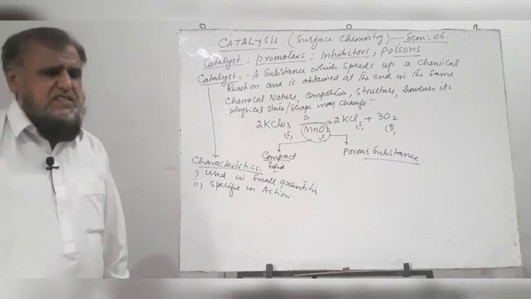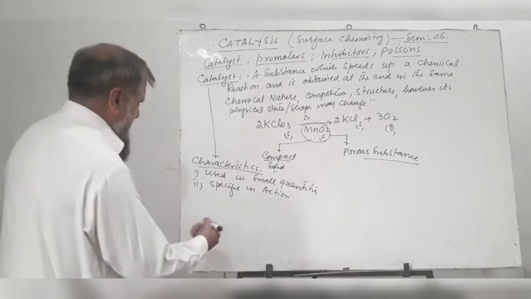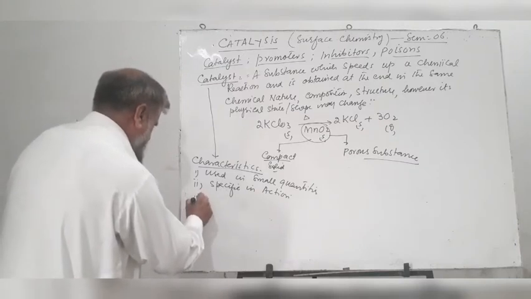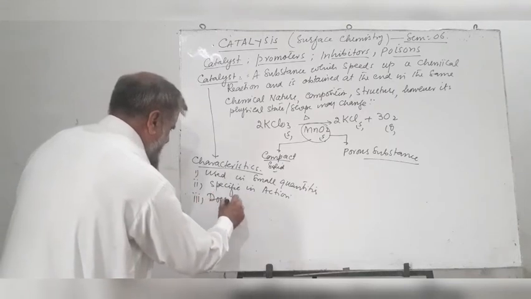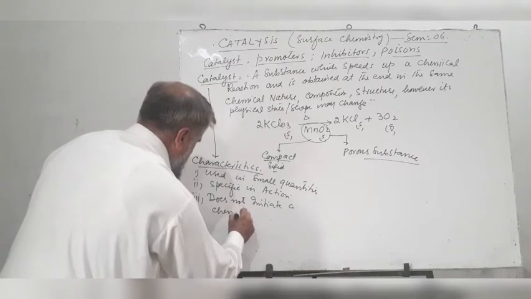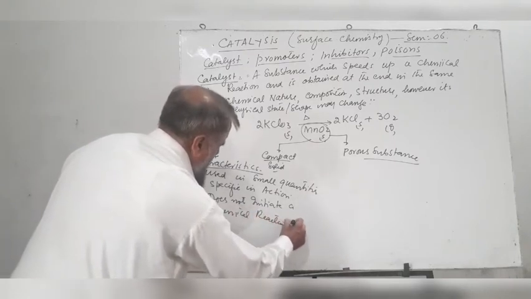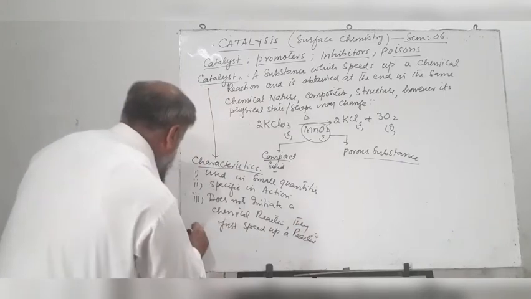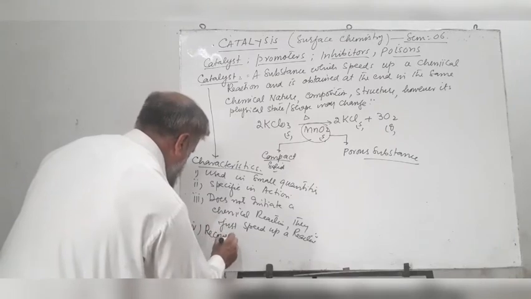Catalysts can catalyze a specific reaction, and some other catalyst may be required for other reaction. And number three, a catalyst does not initiate a chemical reaction. They just speed up the reaction. And fourth, catalysts are recovered at the end of reaction.